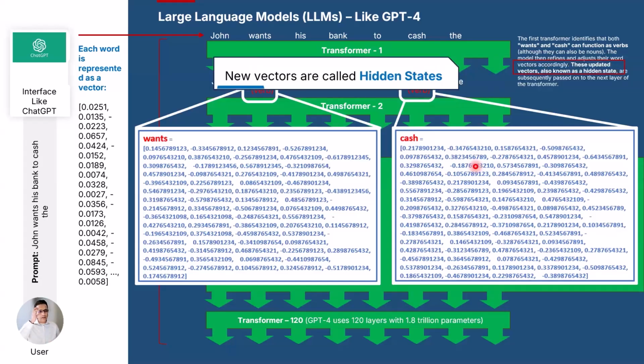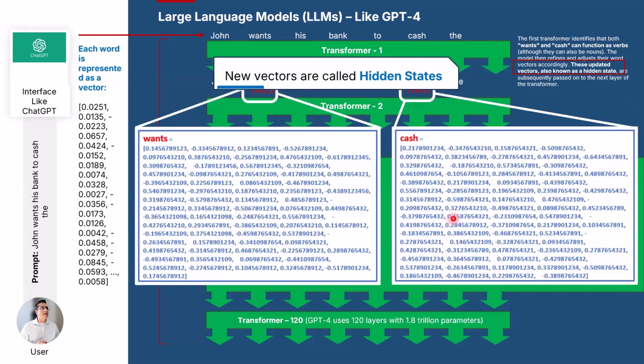And it took me a long time to figure out what a hidden state is. Every article was talking about hidden state, hidden state. I could really not understand what a hidden state is, but eventually I was able to figure it out. Essentially, when the original numbers are overwritten by a new discovery by the transformer, then it assigns new numbers to it, and those new numbers are called hidden states.